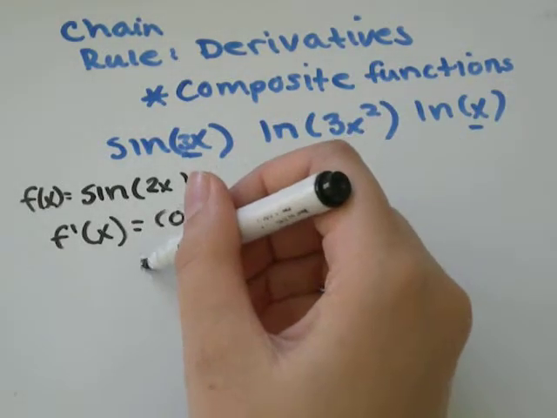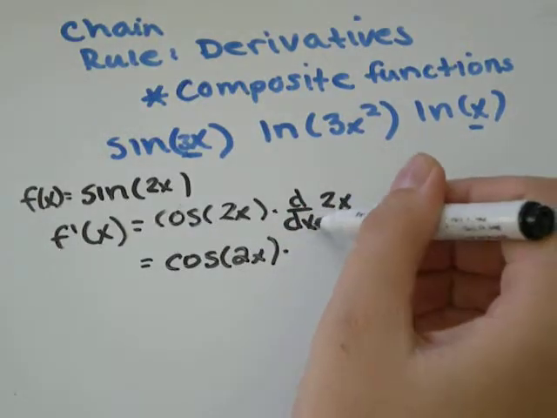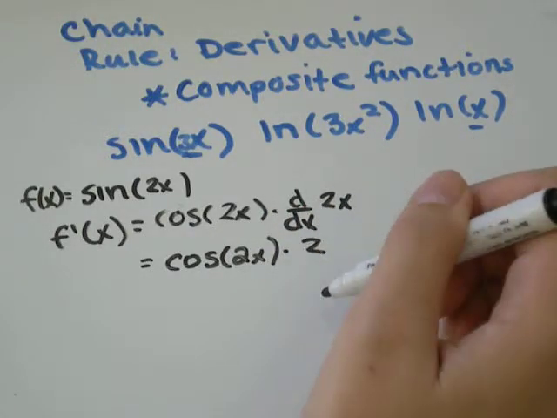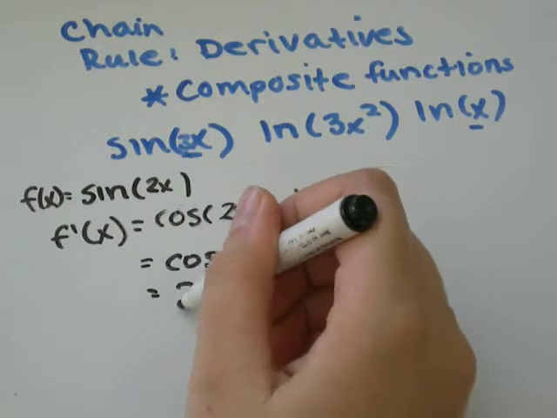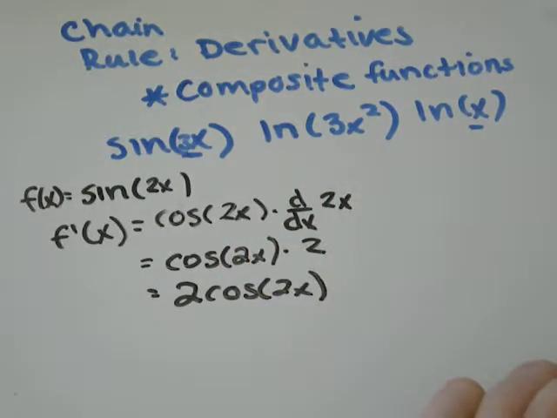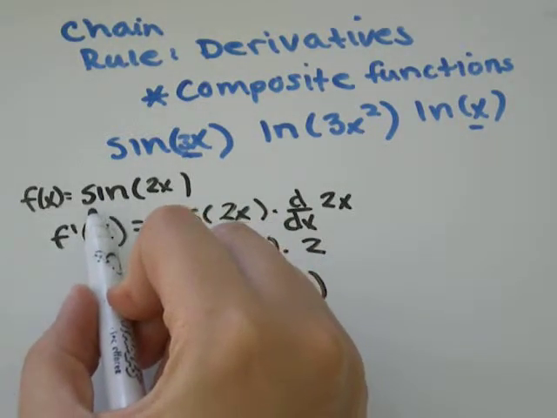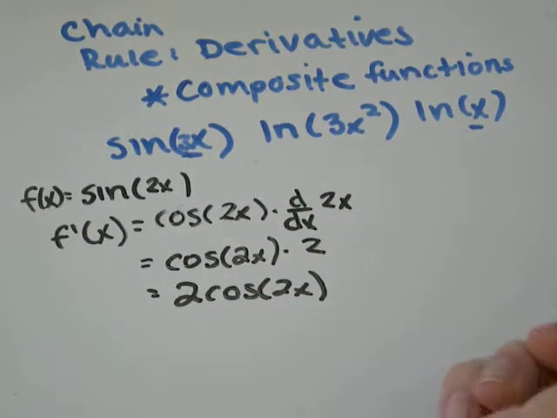So this will become cos 2x times the derivative of 2x is 2, and we would just write that as 2 cos 2x. So you can do the same if this is cos and you want to find the derivative of it. It doesn't matter which trig identity it is, you need to apply the chain rule.